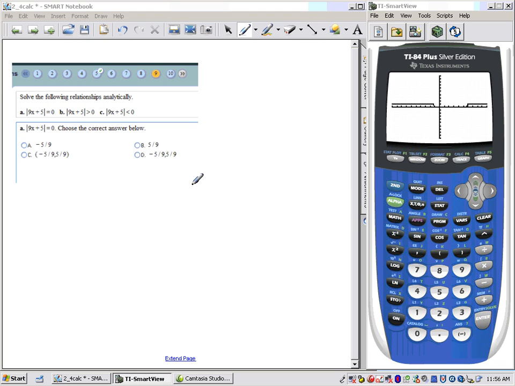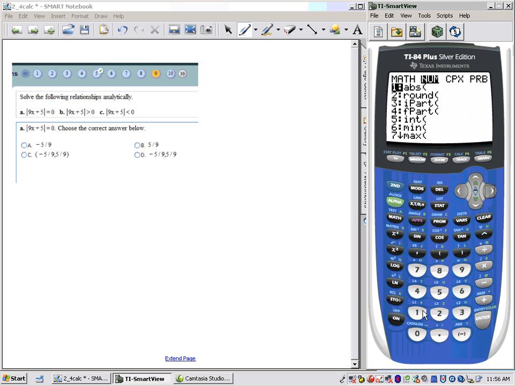Now, we also can do this problem graphically, where we have absolute value of 9x plus 5 is equal to 0. We did that where we found that the absolute value of 9x plus 5 equals 0 only has one solution. So let me enter that. I don't have to really enter equals 0, because that is the x-axis. So I'm trying to find where that touches the x-axis.